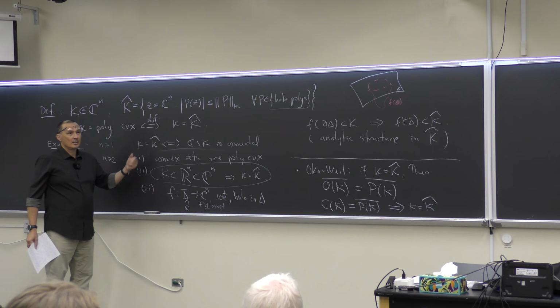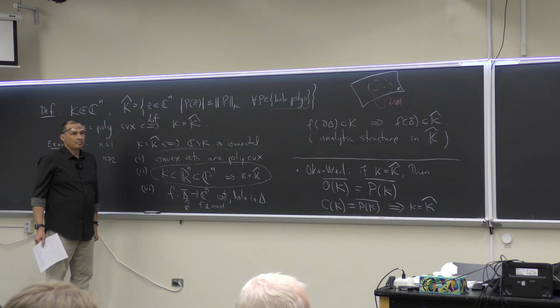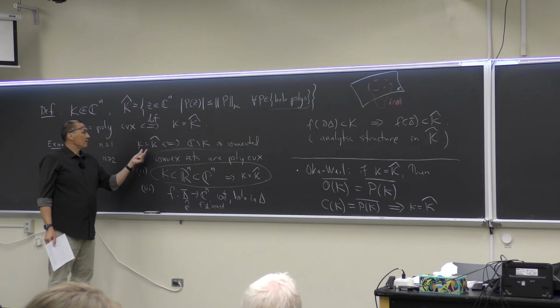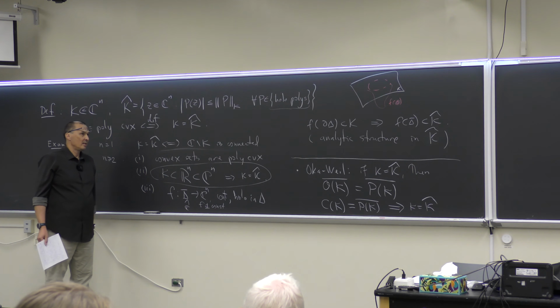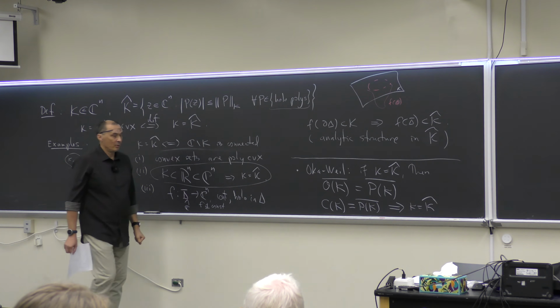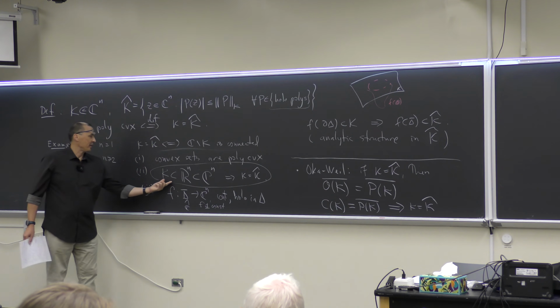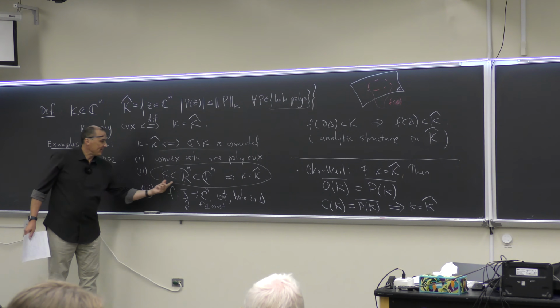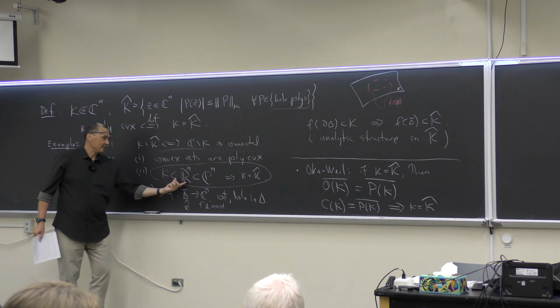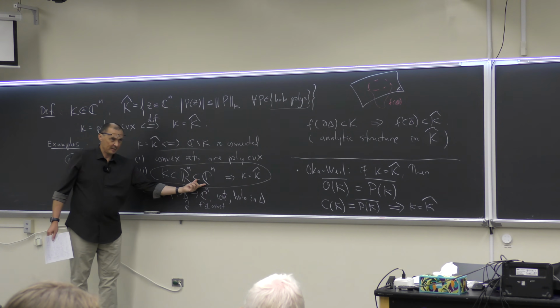Yes, I know the one variable case very well, but I don't know the higher dimensional case. I just was wondering if there were any topological sufficient conditions. I know there's no characterization, but you can't say like every Cantor set is polynomially convex or every Jordan curve is polynomially convex in higher dimensions. In high dimension, no. Nothing like that. Yeah, so see, this is the thing. What I said is that any compact set in Rn is polynomially convex.